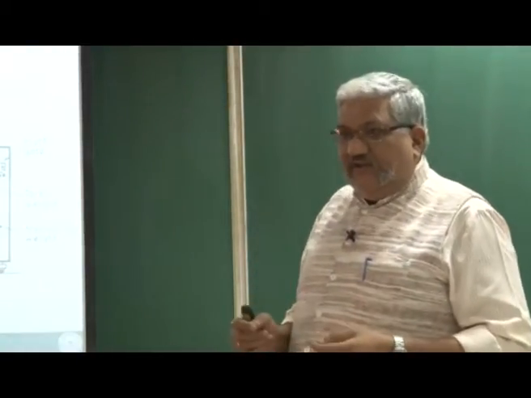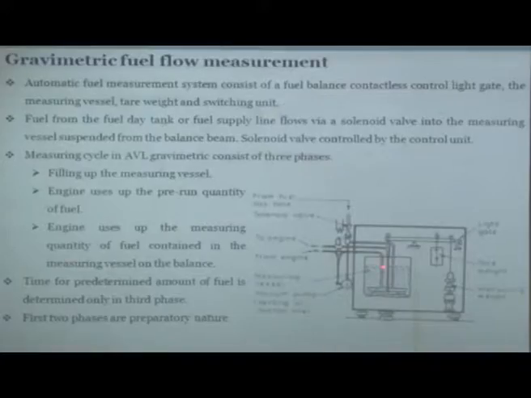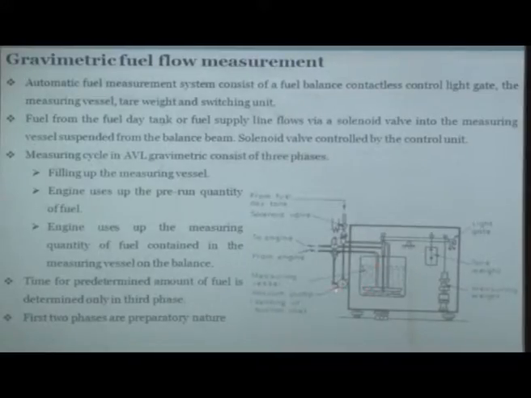So if you want accurate measurement, you have to put it back here. So the fuel from the engine will come back here. Basically the changes in the mass will be equivalent to the fuel being consumed by the engine, because what is going out and what is coming back are both put here. Of course there are some pumps and other things, and instantaneously from the load cell reading you will know the consumption rate.